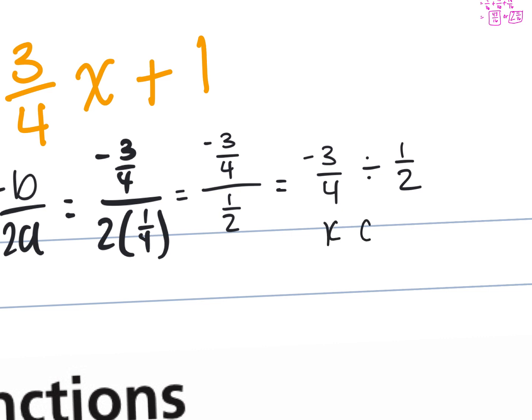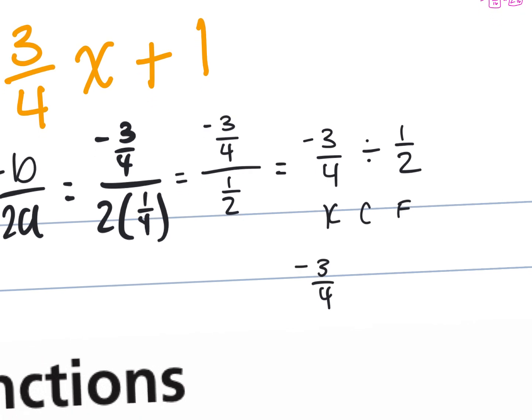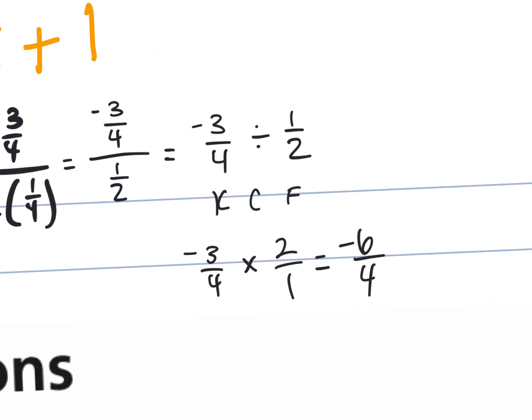This is KCF: keep, change, flip. So negative 3/4 stays the same. What did you change? I changed the division sign to multiplication, and flipped to 3/1. Very good. What did you get here? Excellent. We can reduce that to negative 3/2.